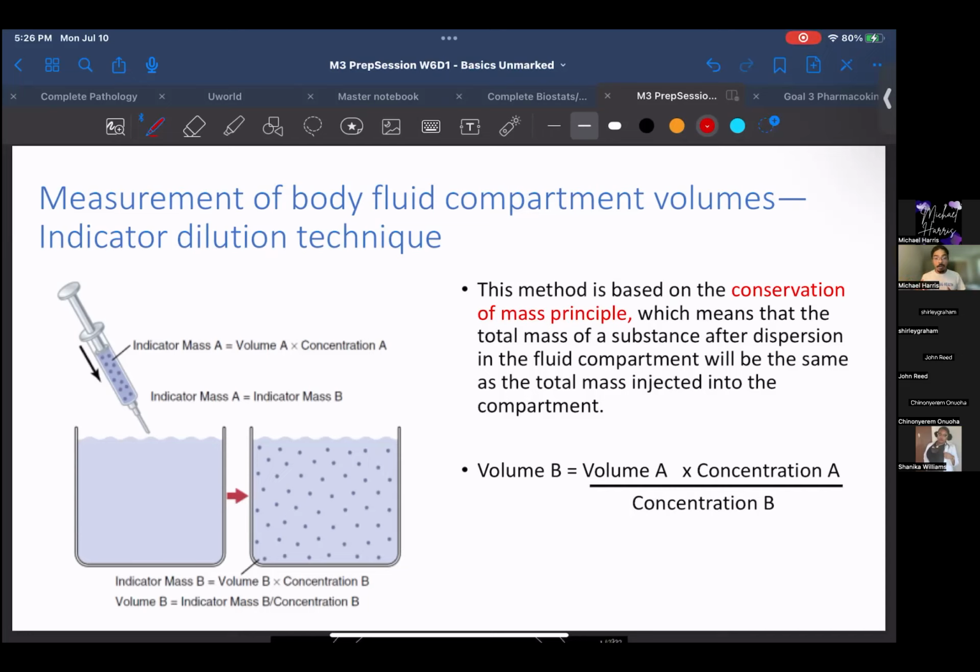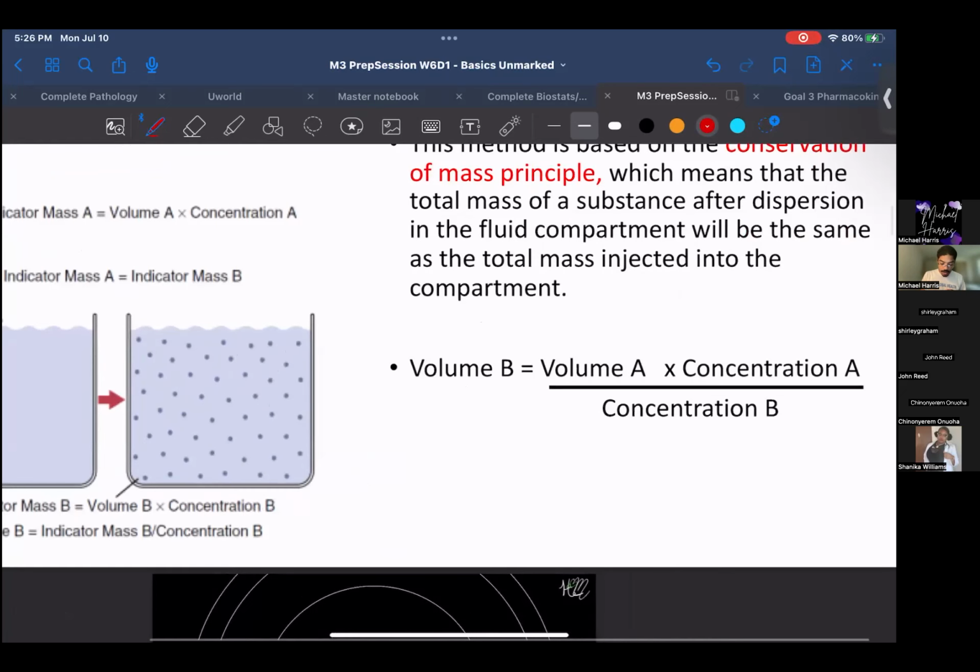What ends up happening is the mass of what you injected never changes. If you inject 5 grams, you inject 5 grams. The concentration changes because concentration is a component of volume.